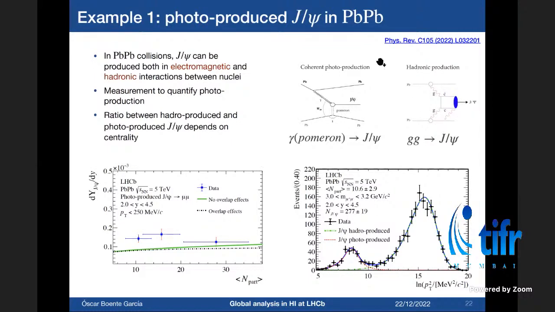When you have an electromagnetically produced J/psi, generally it has much lower pT, so you can separate it using the logarithm of the pT distribution. And here we study if there is any dependence of this photo-produced J/psi with respect to centrality, which is quite flat.